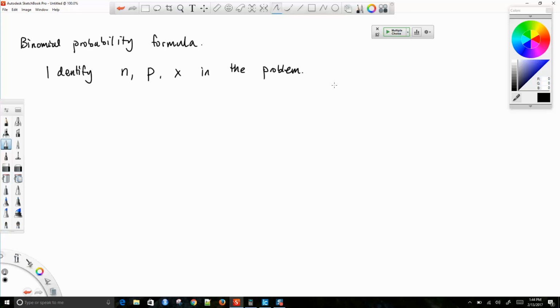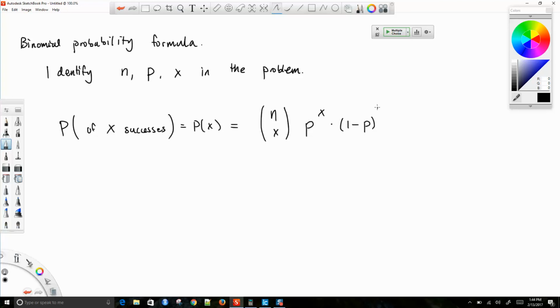So when you go through a binomial problem, you have to identify n, p, and x, and then the probability of getting x successes, which we often just write as the probability of x, is going to be n choose x, times the probability of a success. That has to happen x times, and we're going to multiply it times 1 minus p. This is the probability of a failure, and how many times does that have to happen? It has to happen n minus x times.